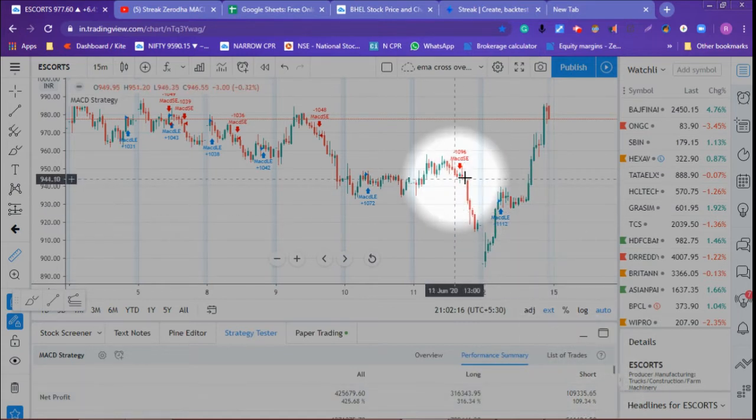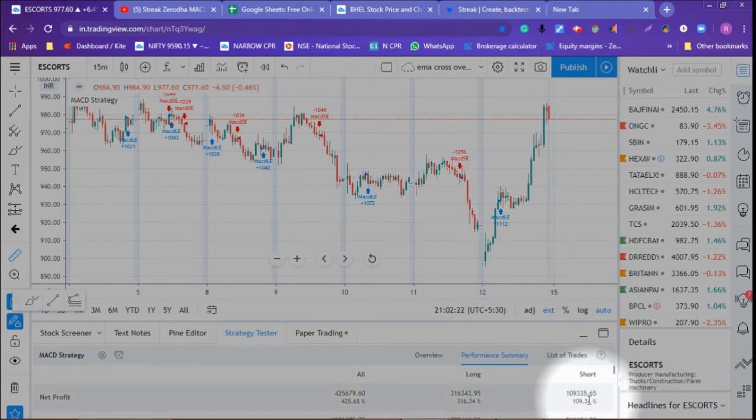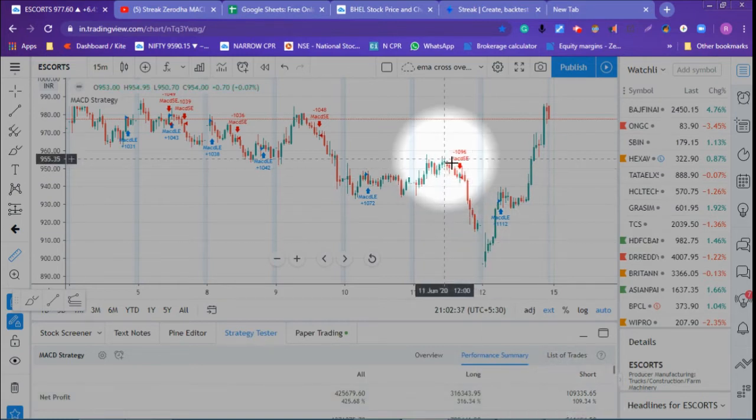Going short is only for intraday, so you don't need to consider it unless you are going to play intraday. I usually go long and buy in CNC, that is delivery, and exit at, let's say, 3 or 5% profit, or sometimes I exit on the short signal over here.